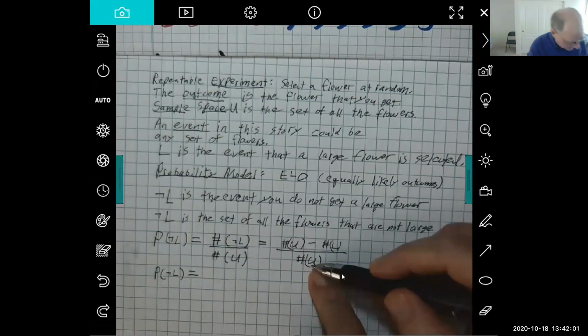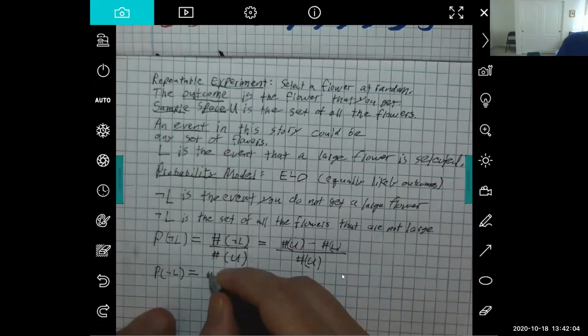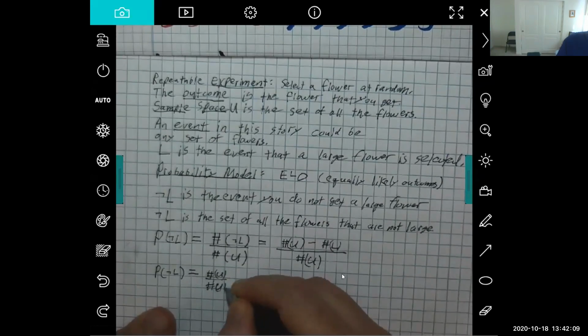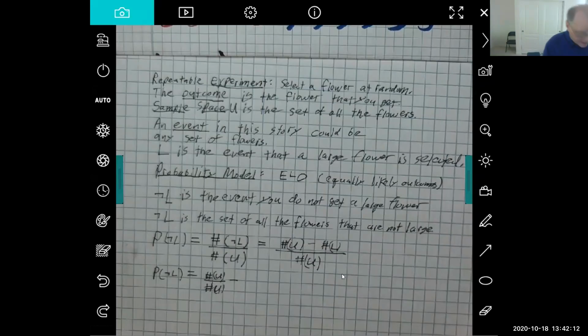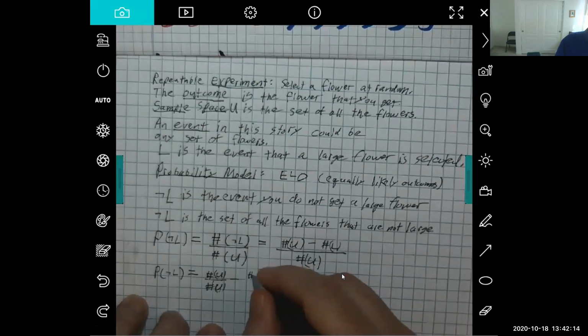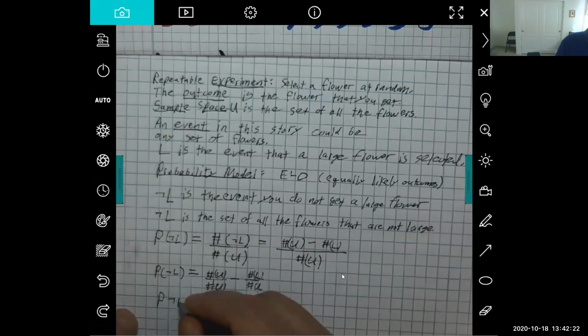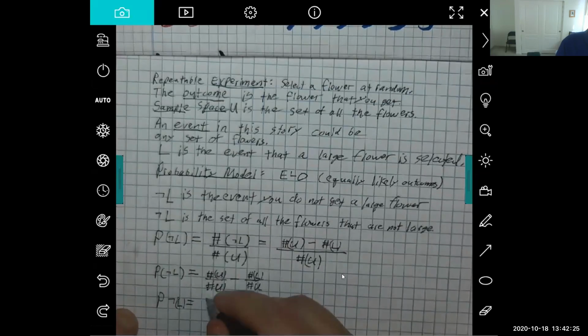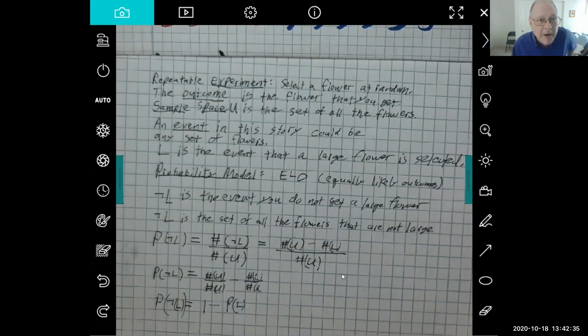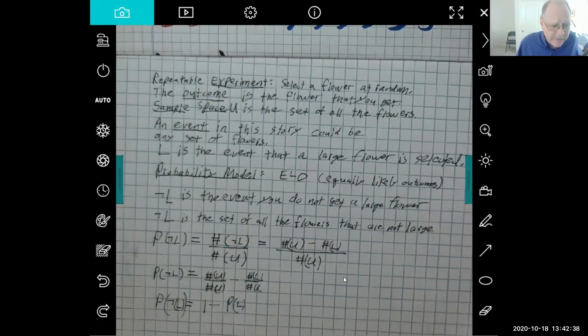Get the size of U over the size of U, minus the size of L over the size of U. So the probability of not L is 1 minus the probability of L.